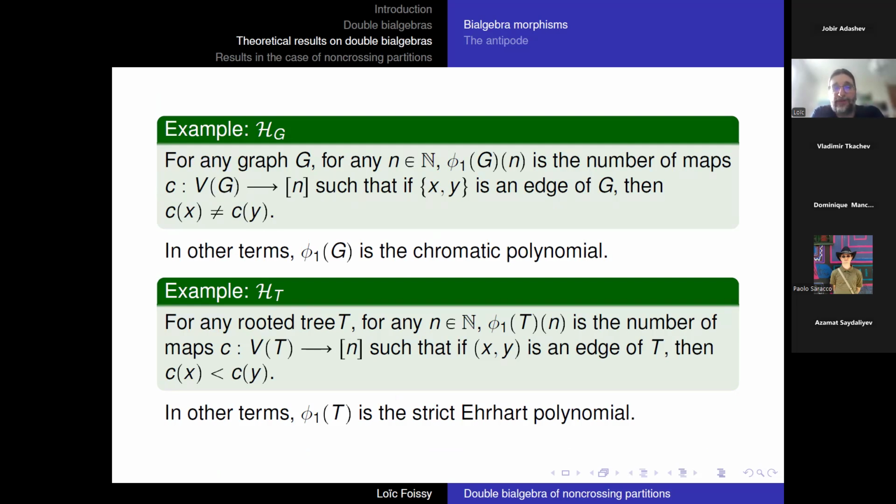For rooted trees, it is something similar, which is called the strict Ehrhart polynomial. You color the vertices of your tree such that if you have an edge in T, where the edges are oriented from the root to the leaf, then the lower vertex should have a smaller color than the upper vertex.